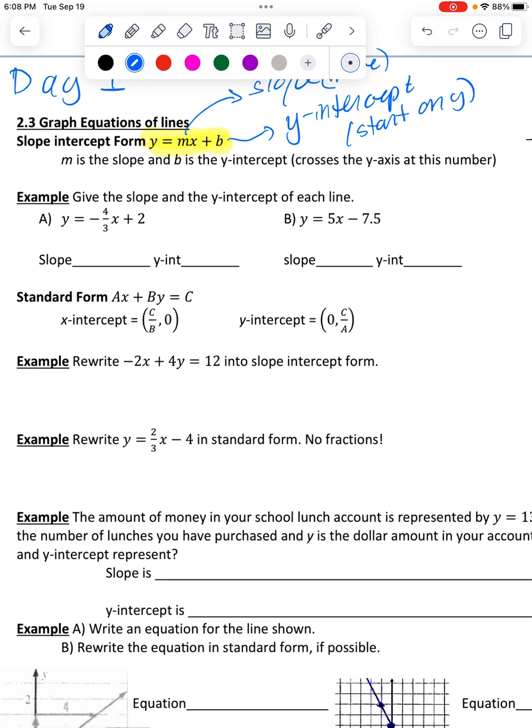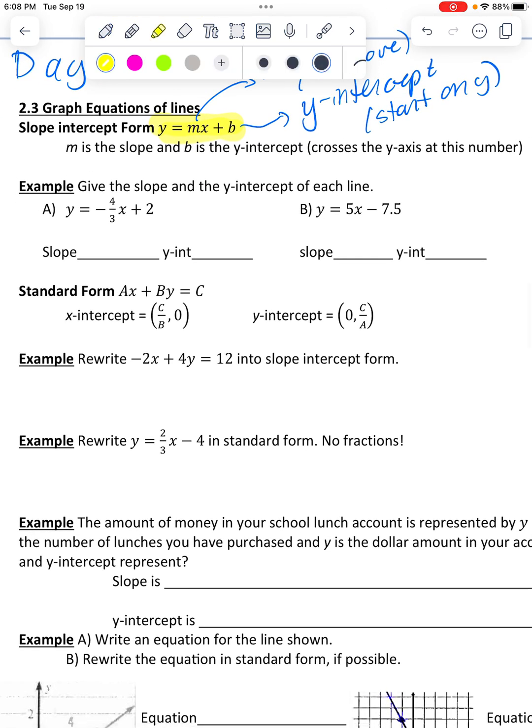So in these problems, it says to give the slope, which is the M value, comes in front of the X, and then the y-intercept of each line. So the slope of this line would be the one that's in front of this, so -4/3. And the y-intercept, and I don't know how picky your teacher is going to be about that, is going to be at (0, 2). Because technically the y-intercept is a point on the y-axis. So if you have a slope of -4/3, remember that means you're going to move down since it's -4 and then over 3.